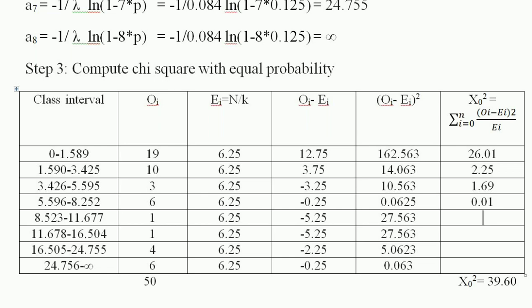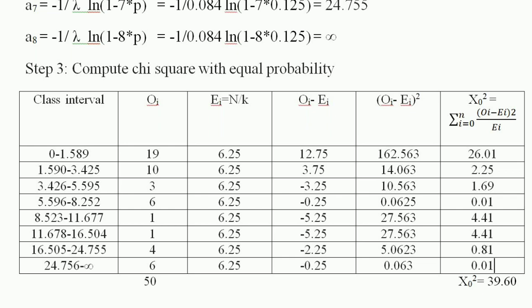Next value you have is 4.41. Again you are going to get the same value here because we have 27.563 divided by 6.25, so 4.41 itself. Again 5.0625 divided by 6.25 is 0.81. Again here 0.0625 divided by 6.25, you are going to get 0.01.